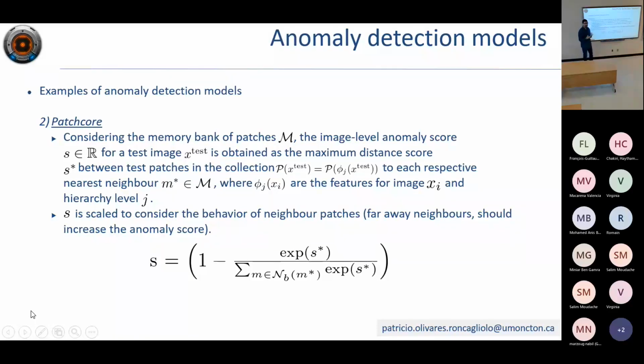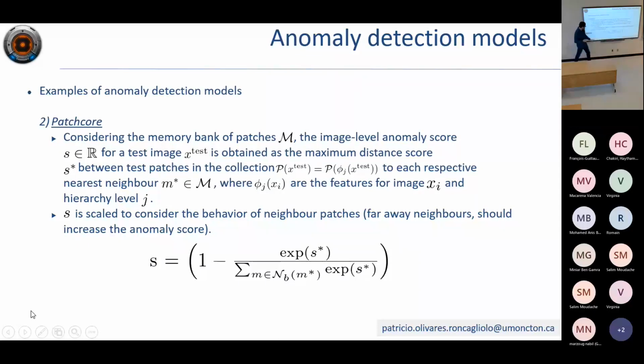You calculate the distance using the closest neighbors of every single patch. This S score depends on the calculation of all the distances between every single patch and your memory bank patches. You will calculate the anomaly score as the maximum distance among those calculations.